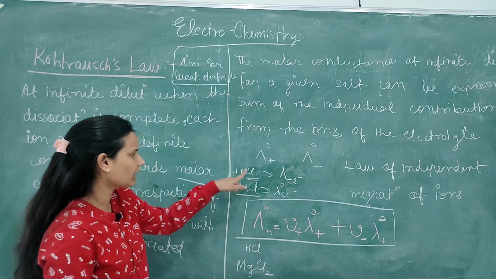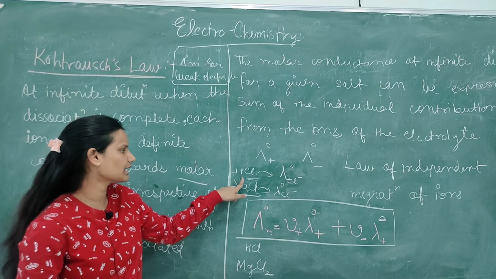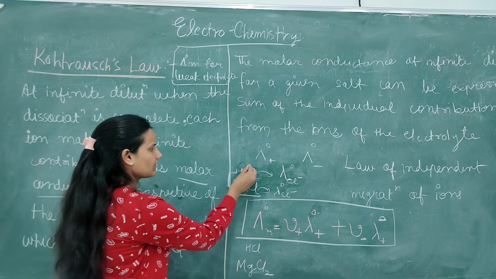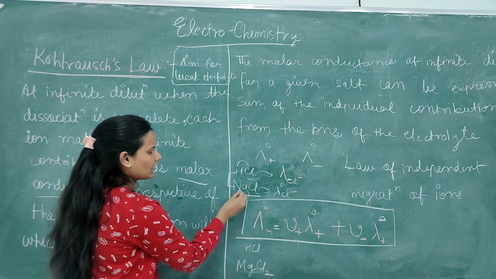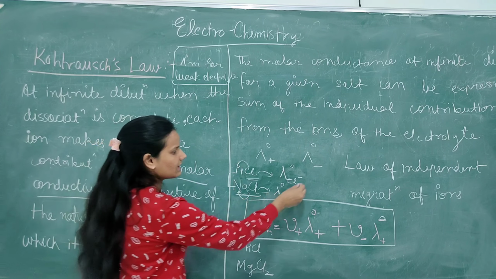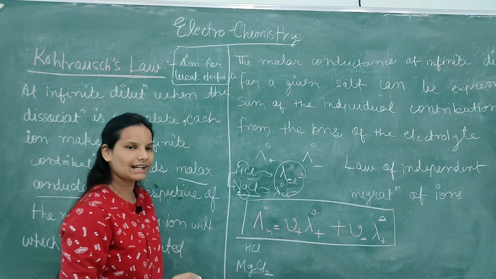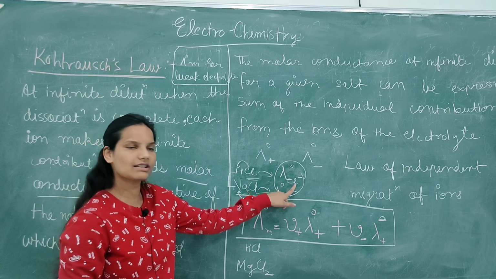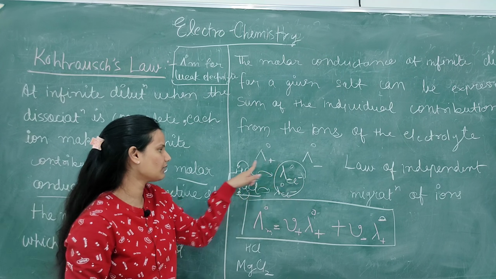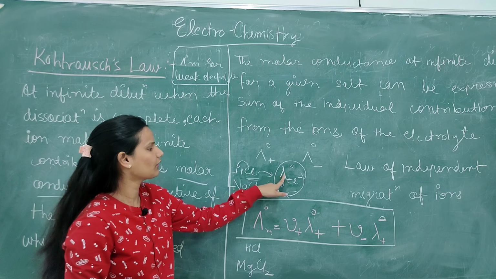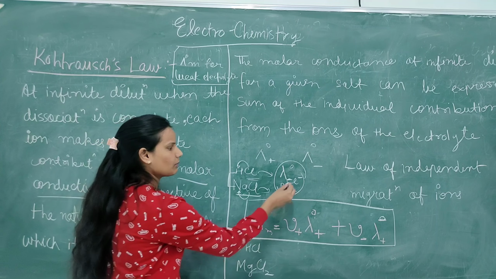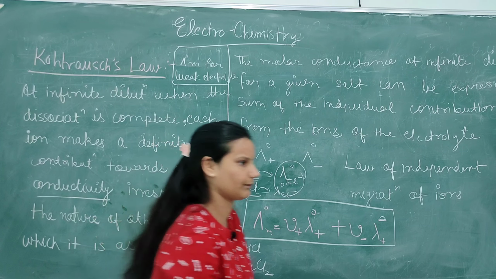Since they do not depend on the type of ion they are associated with, like this is associated with H positive, this is associated with Na positive, it will not depend and these values will be the same. I was saying that the molar conductance at infinite dilution doesn't depend on which ion it is associated with, it will contribute independently. So both of these values will be the same.